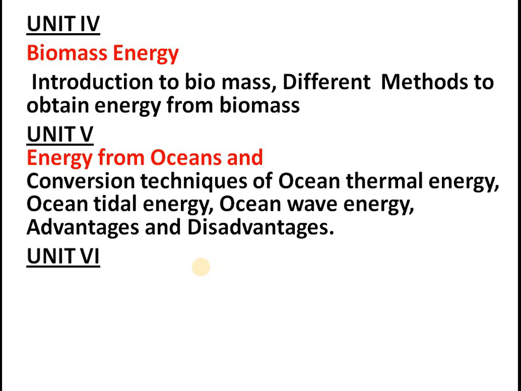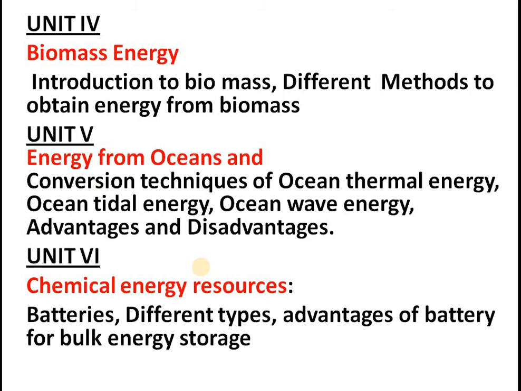And the last unit, unit number 6, in which we will study some chemical energy. This can hardly be classified as a non-conventional source, but it is comparatively modern, so we have included it here, where we will be discussing different types of batteries, and how batteries carry and store energy.